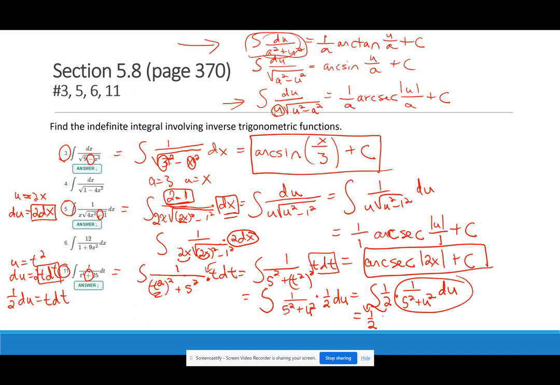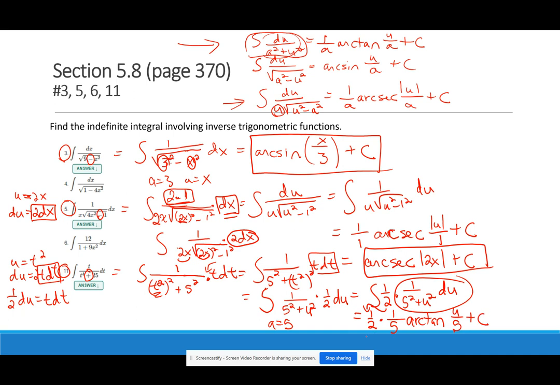So isn't that going to be 1 over my a, which is 1 over 5. A is 5, right? So the a would come from here. Okay. And then I'm going to do arctangent, and it's going to be u over the a, which is 5, plus c.